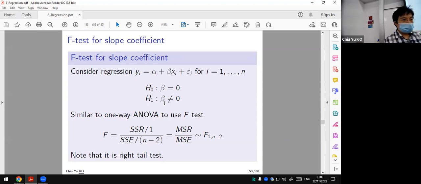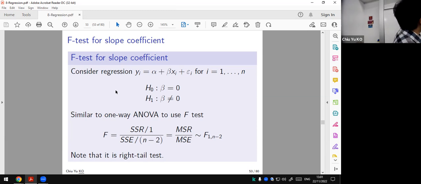And probably later you ask why we do this. This is just showing you that ANOVA still can be useful, though it has no particular meaning when we have only simple linear regression.